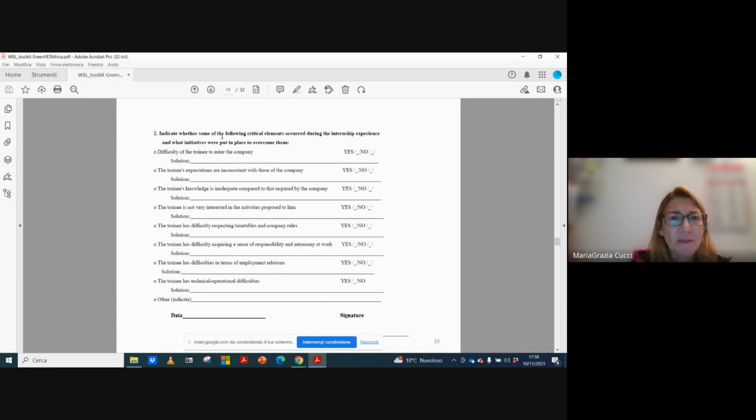Indicate whether some of the following criteria, critical elements, occurred during the internship experience and what initiatives were put in place to overcome them. Of course, if you say yes to everything, there is nothing to overcome. But if you say no to one of these, then you have to put an opportunity of solution.